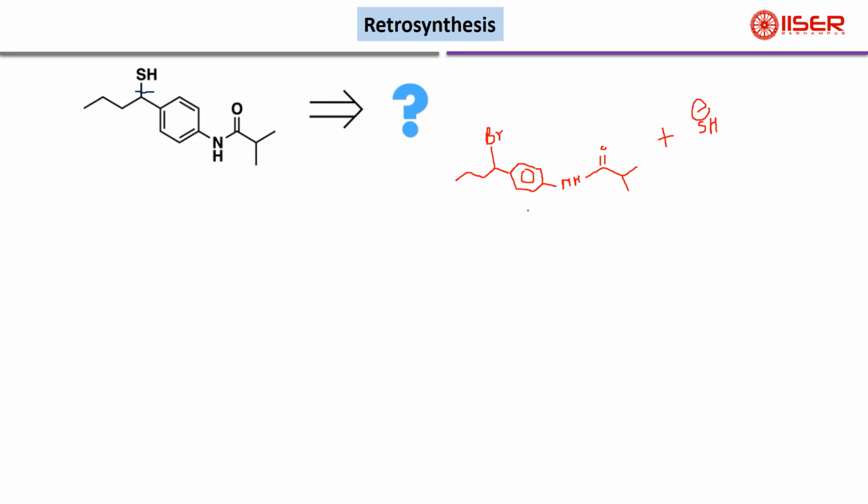The next step, we do functional group interconversion, and we change this bromine to alcohol. Now in the next step you just break this bond.